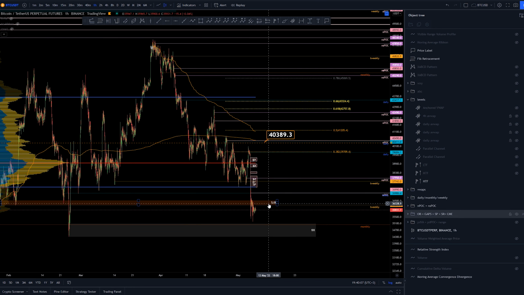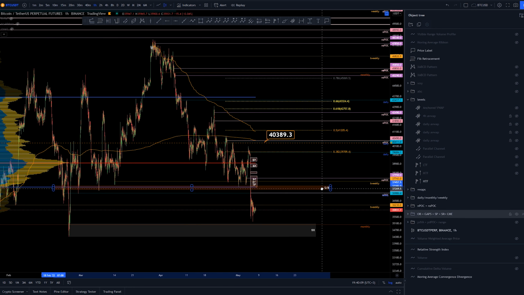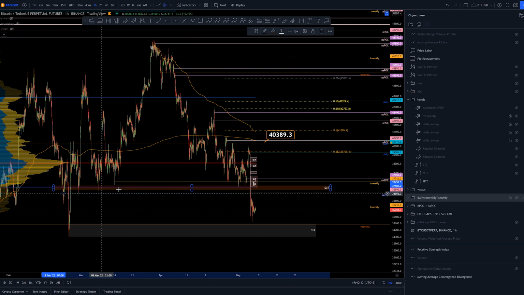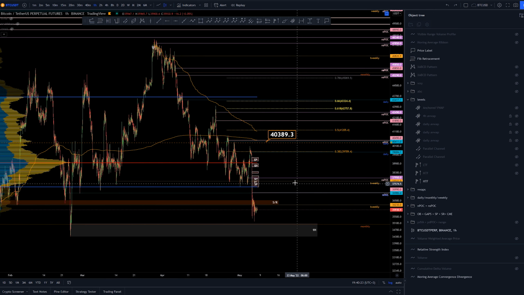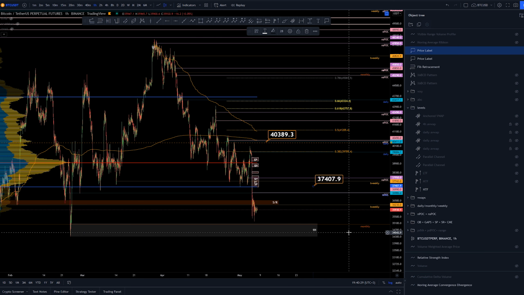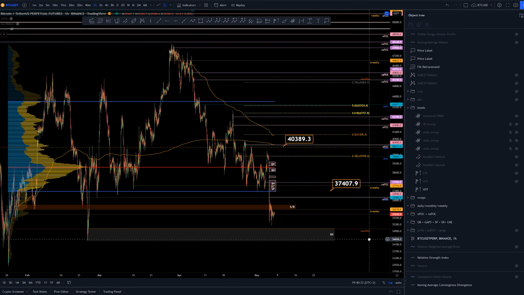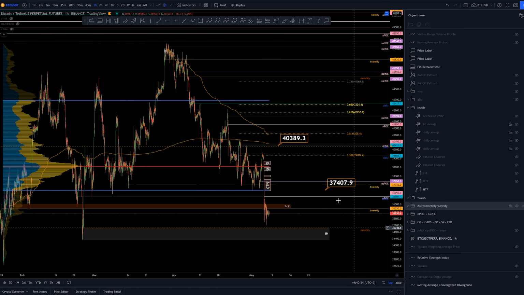We should have another good area of resistance around this area here, where we've had all these previous lows, and now these current lows from 26th April, 30th, and now 3rd of May. So around this weekly that we currently have, where we have this range value area low, is a really nice area for another resistance.